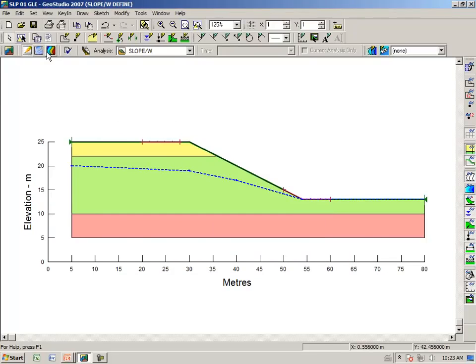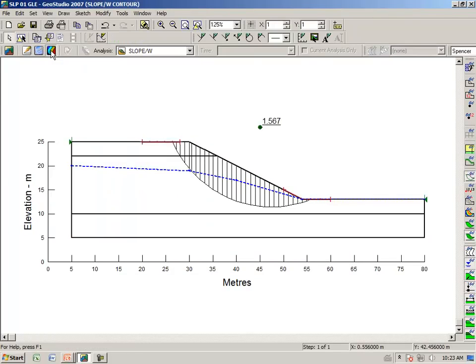Now let's go to the Results view, and in this particular case, I've turned off the safety map, and I've turned off the sliding mass shading, although you can leave it on if you like.